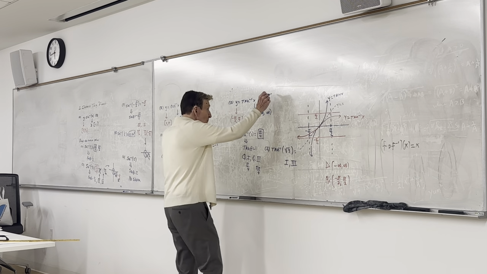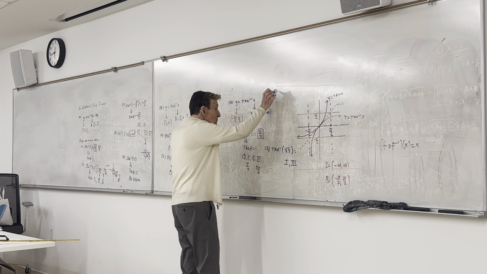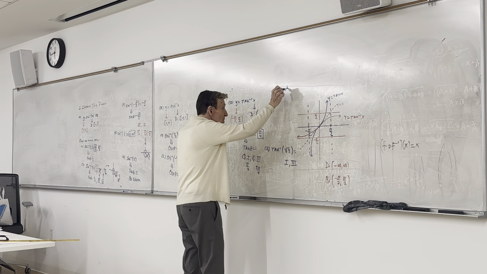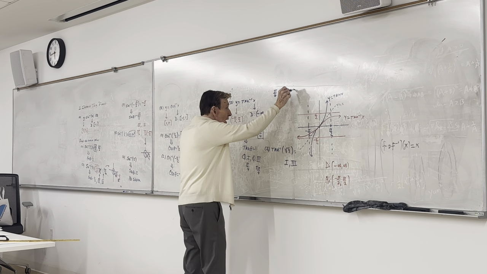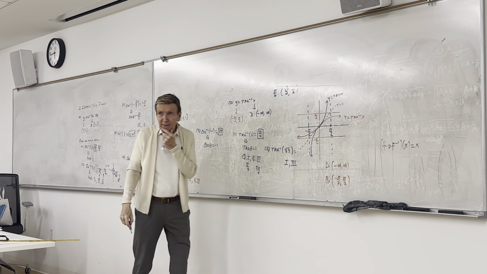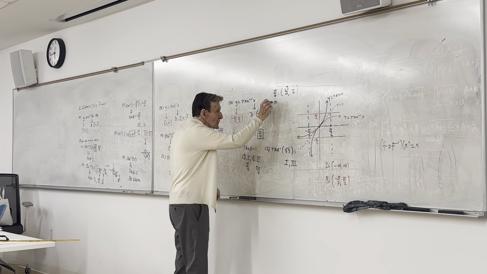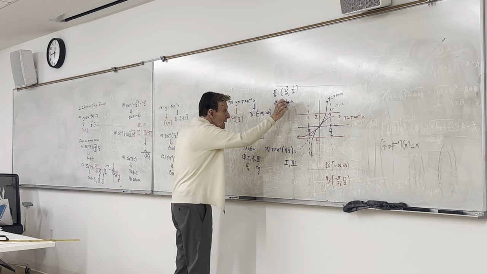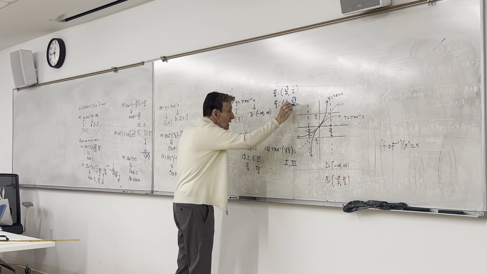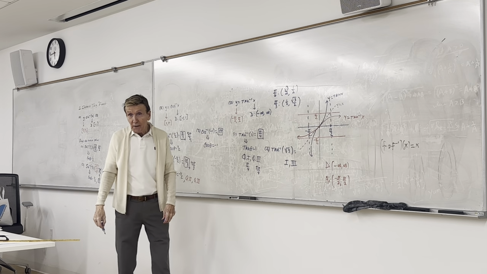I would think about pi over 6 maybe. Now pi over 6, guys, remind me, has these coordinates. No, it's positive radical 3. Right? Pi over 3 in quadrant 1 had these coordinates. Now which one of those two, if any?